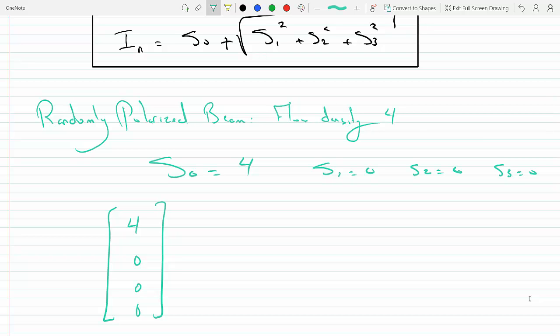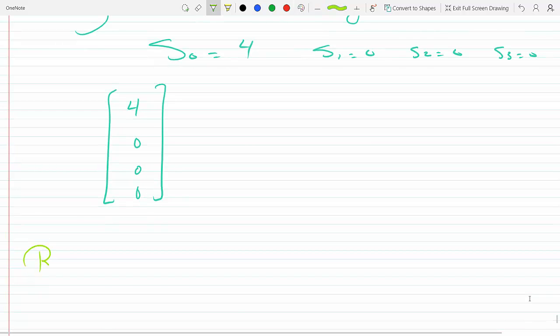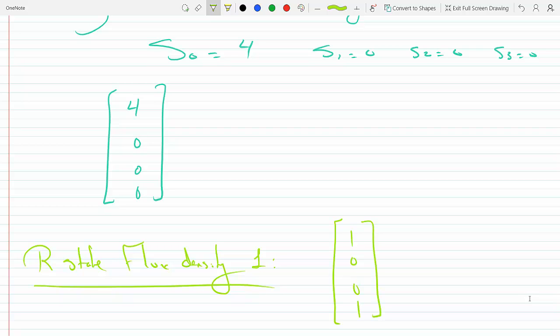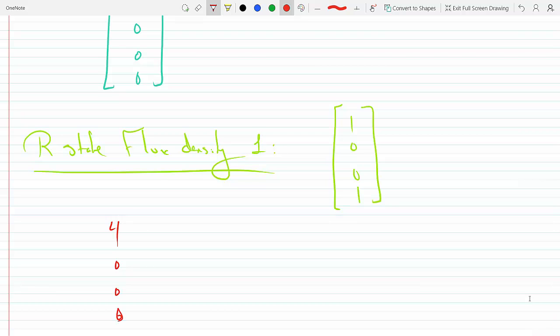And an R state of flux density 1, that is in the table in your book, table 8.5, the R state, that's 1, 0, 0, 1, another column vector.